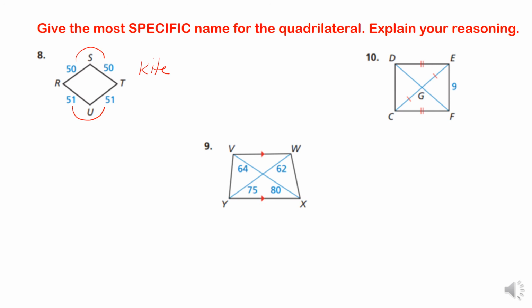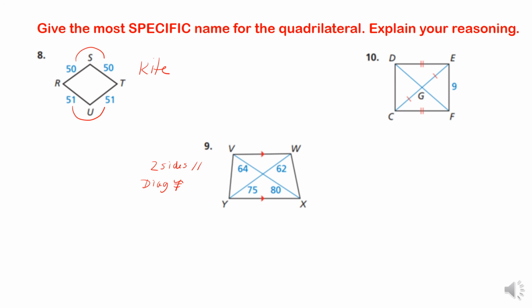Number 9, look at this one. We've got two sides that are parallel, and the diagonals are not congruent.